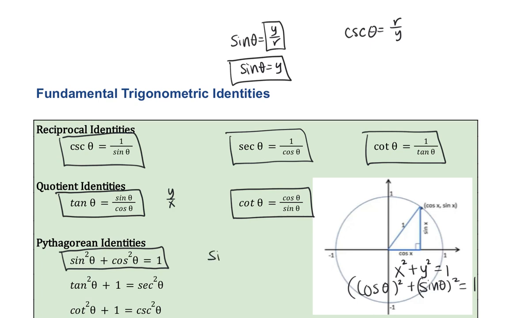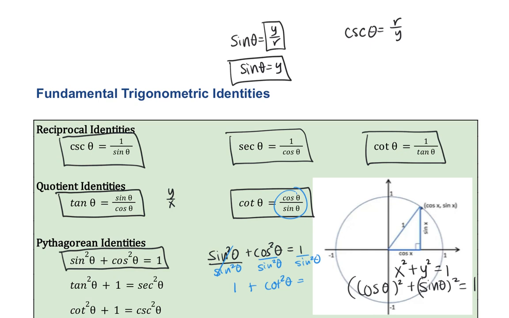Now if we take that one and divide both sides by sine squared, that will simplify to 1 plus cosine squared over sine squared. Cosine over sine, that's cotangent, so that would be cotangent quantity squared.